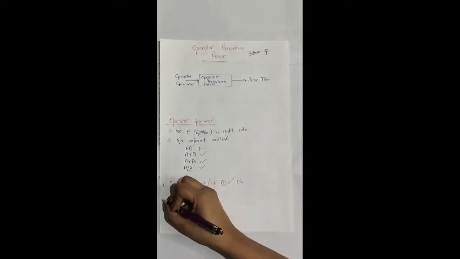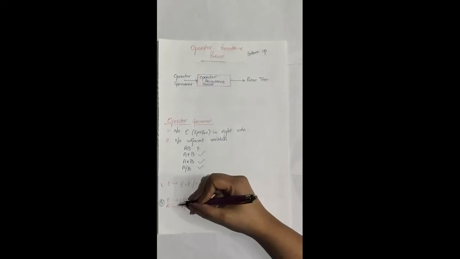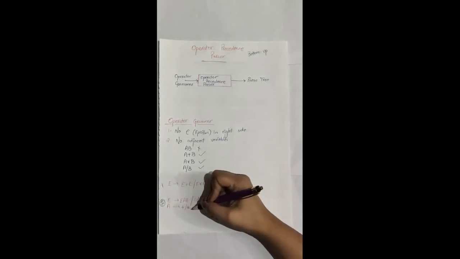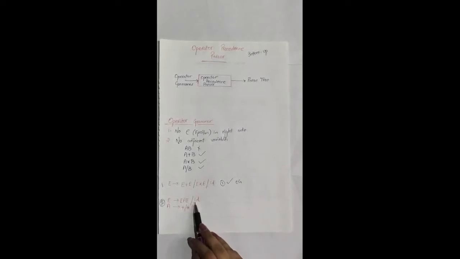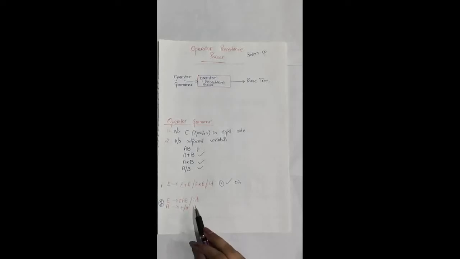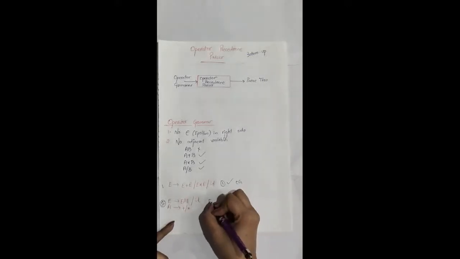Let's move to the second grammar: E to EAE and ID, and A to plus and asterisk. Some of you may feel that this is not an operator grammar, but let me tell you, this is an operator grammar. Why? Because the first production rule, E to EAE and ID, can be modified.